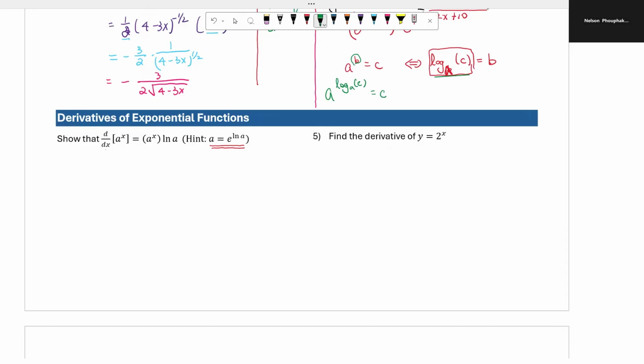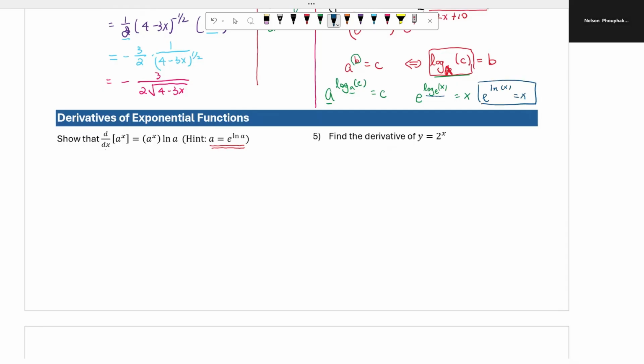So if these two bases are the same, then the power is my answer. So if I have e to the log base e of x, then my answer is x, and log base e of x is the ln of x, which is equal to x.